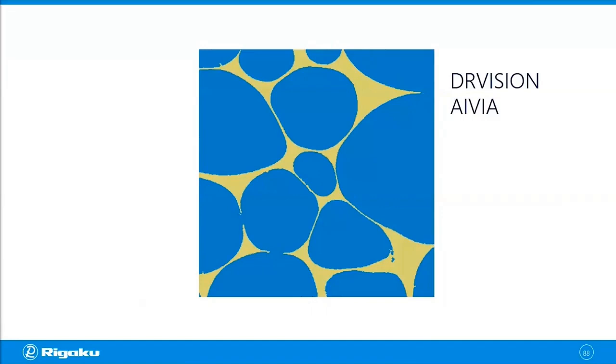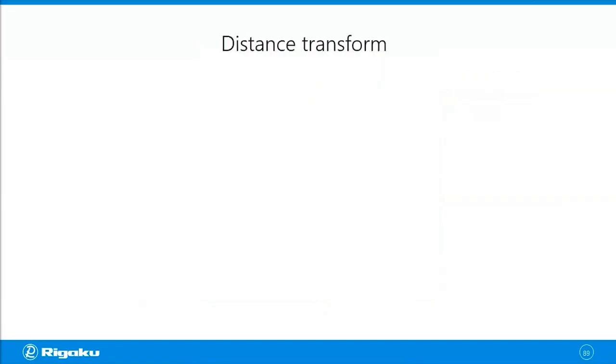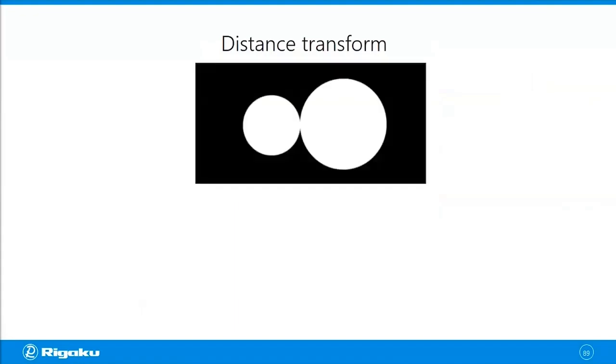To understand this process, you need to know two different image processing operations. The first one is distance transform. Distance transform is applied to a binary image like this one. So this one looks like two cells connected. And what you do is assign a number to each pixel, for example, as the distance between that pixel and the closest borderline.